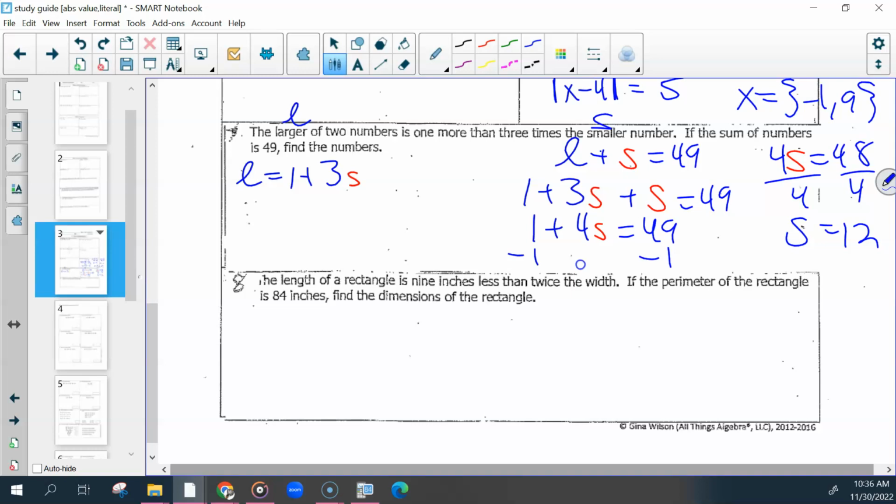Here you don't need labels because they're just talking about smaller number, larger number. And then you would put that back in. And solve for L. So L would be 37, S would be 12. Similar to the length and width problem, but length and width is 2L plus 2W for your perimeter. So keep those separate.